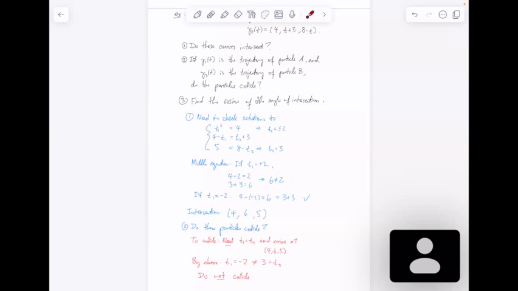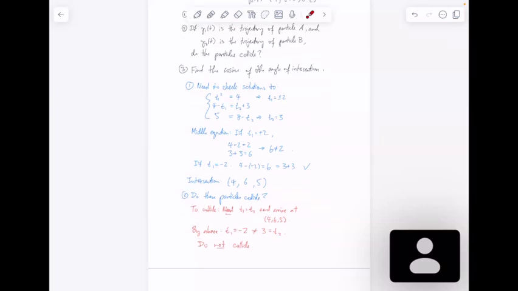If particles collide, they would have to collide at one of the intersection points. But T1 is -2, which is definitely not equal to T2 at 3. So these particles do not collide. In other words, for particles to collide, you would have to solve this system for the same variable. You're not allowed to do T1 and T2 here. You have to solve them identically for T.